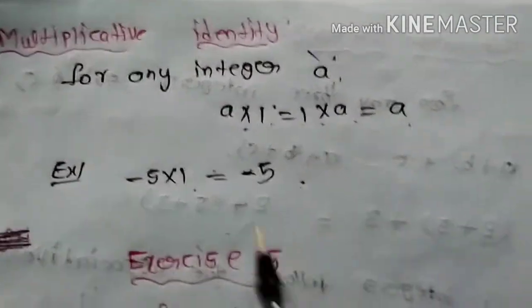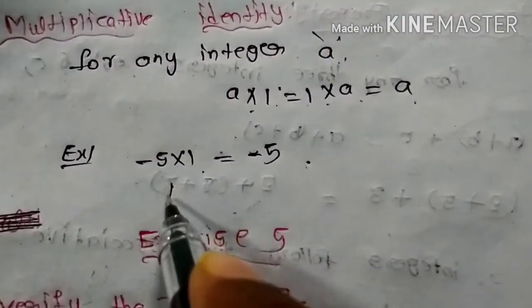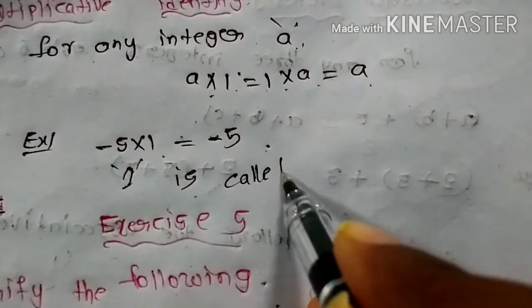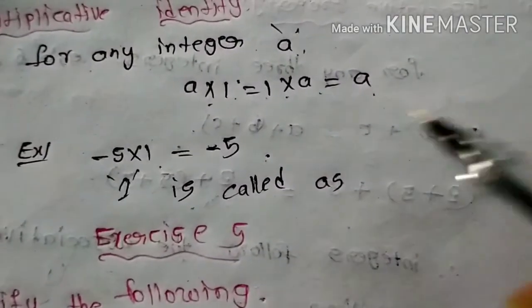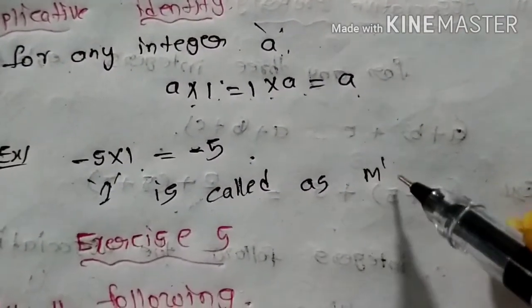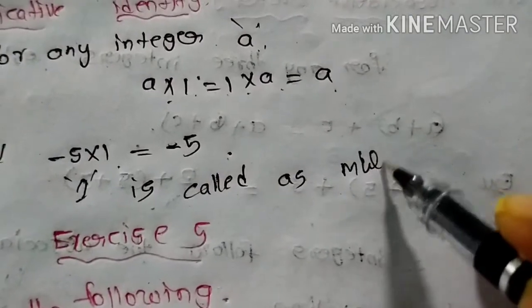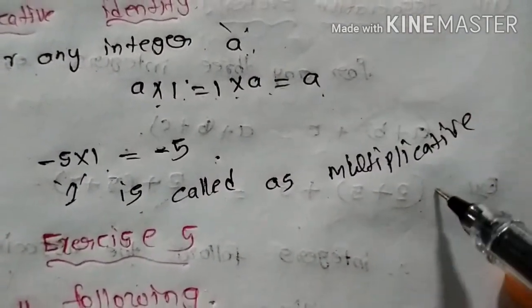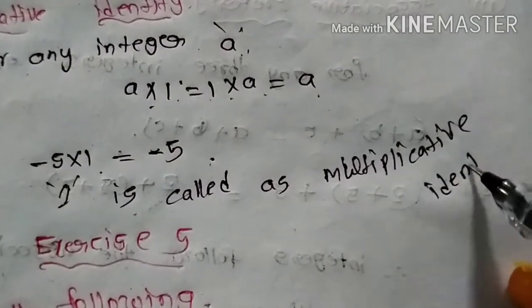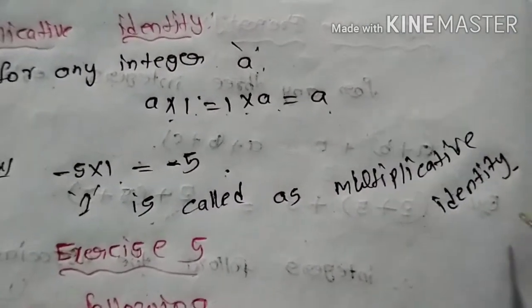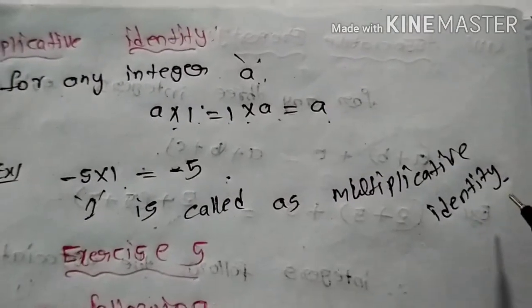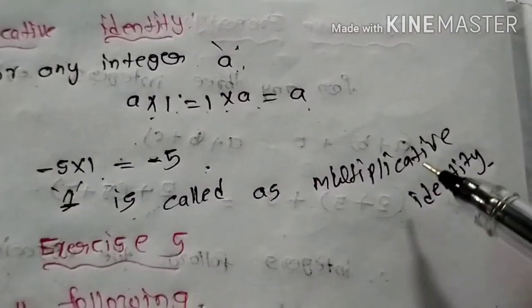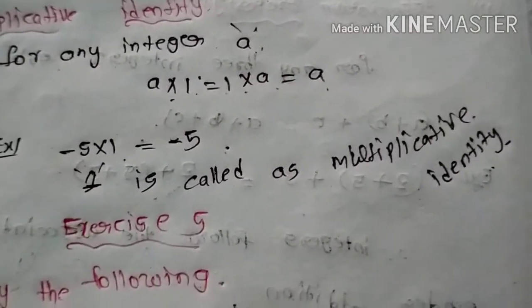That means you can remember here, 1 is called the multiplicative identity. You can remember here, 0 is called the additive identity, and 1 is called the multiplicative identity.